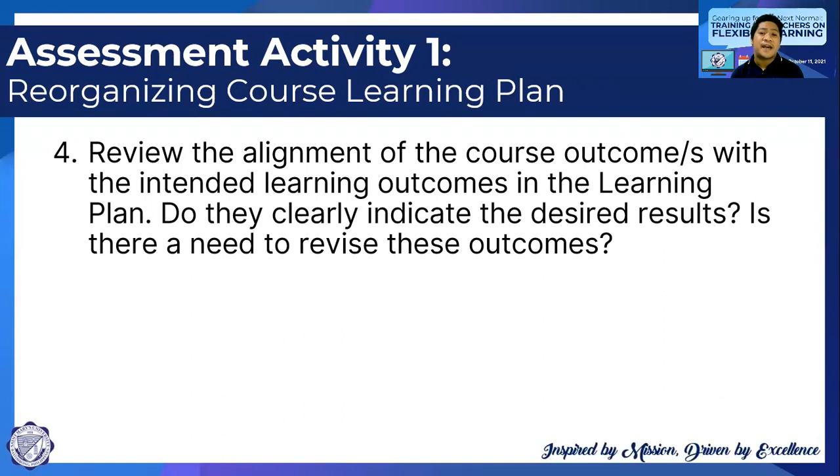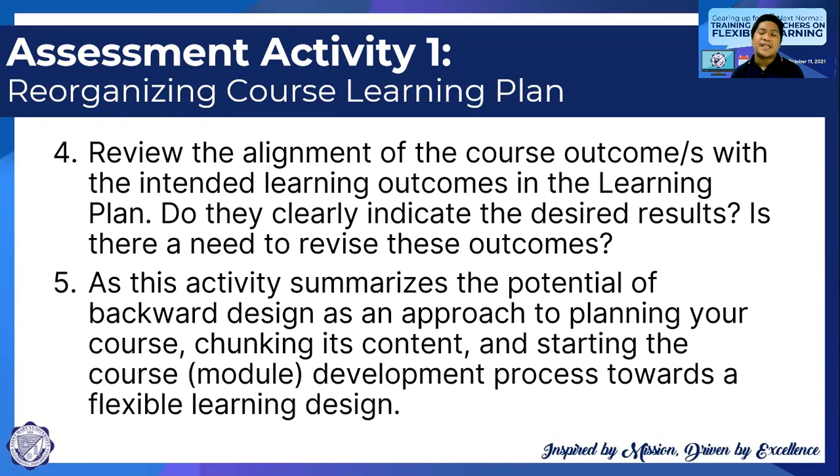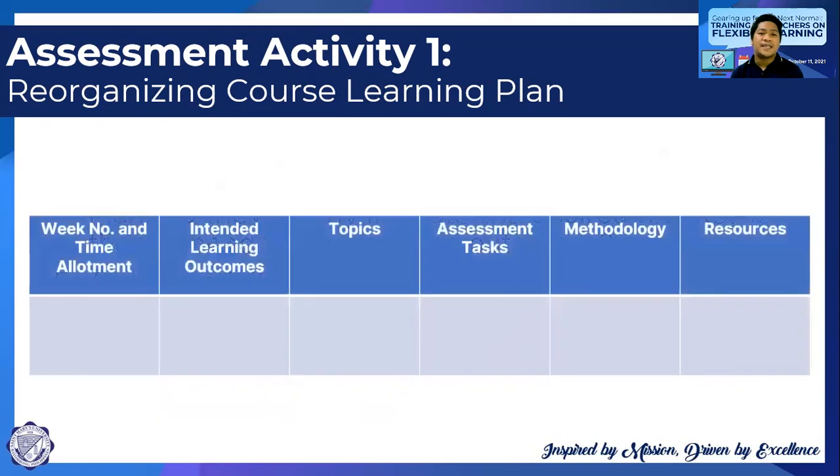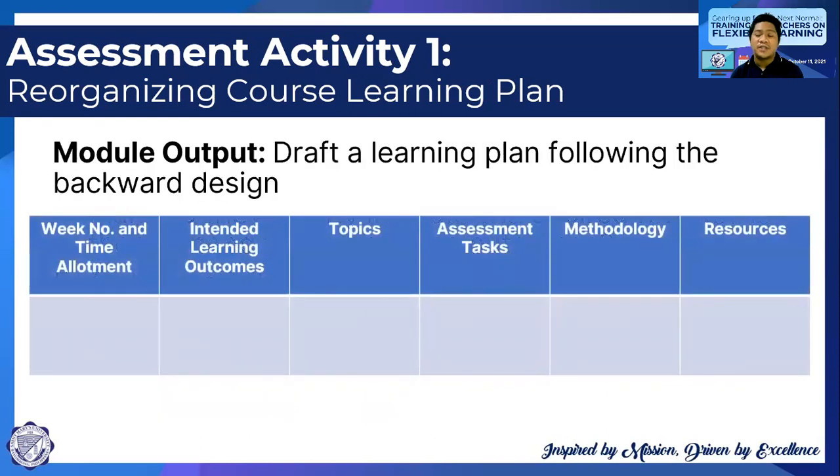Is there a need to revise these outcomes to make them smarter? This activity summarizes the potential of backward design as an approach to planning your course, chunking its content, and starting the course or module development process towards a flexible learning design. So this is the module output.